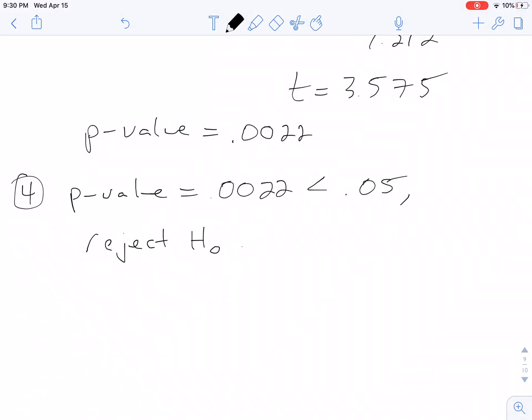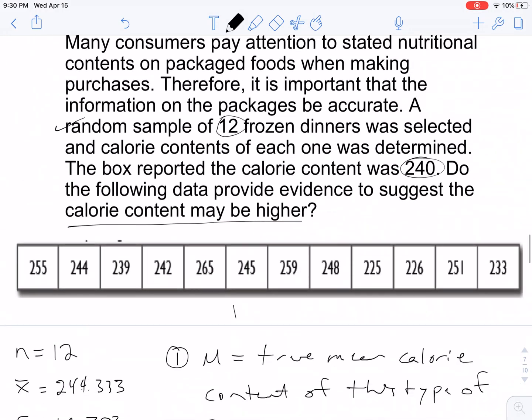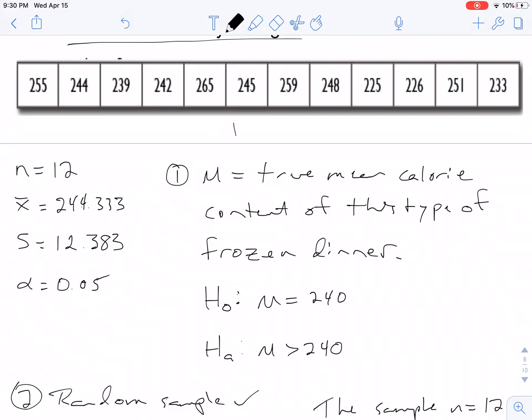My null hypothesis was that the true mean calorie content was equal to 240, the advertised value. If I'm rejecting that, then I have evidence for my alternate that mu is actually greater than 240.